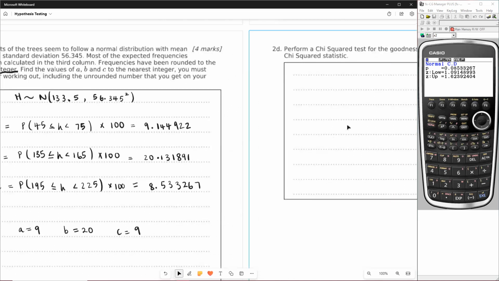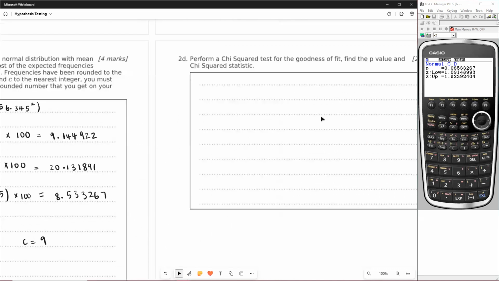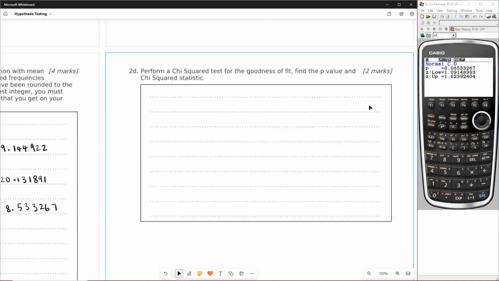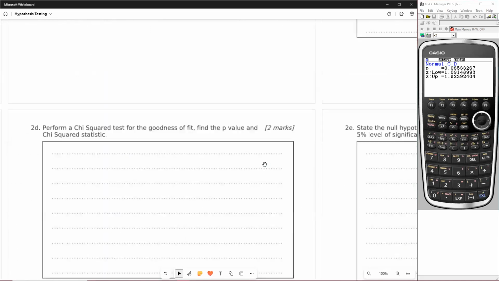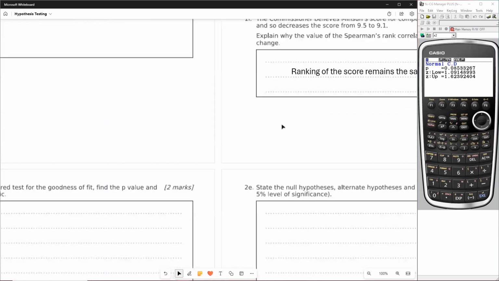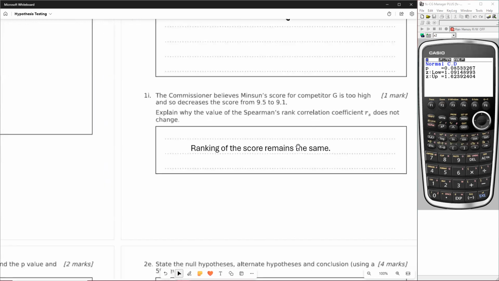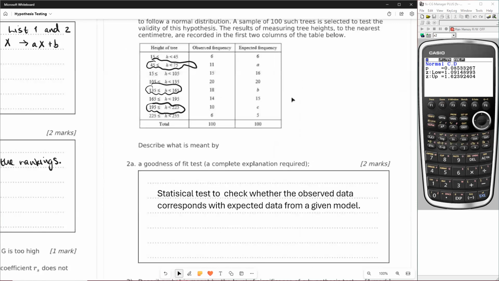Next is perform a chi-square test for the goodness of fit, find the p-value and chi-square statistic. Okay, we need the table. This is why I'm going here. Now we know that this is 9, we know that's 20, and we know that this is also 9. Just gonna add those up to make sure that they really do add up to 100.